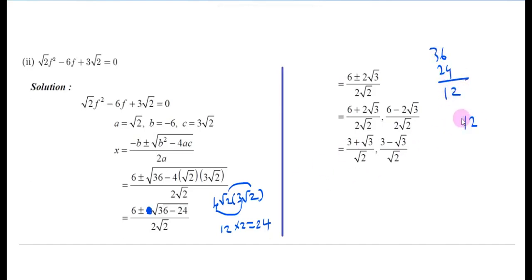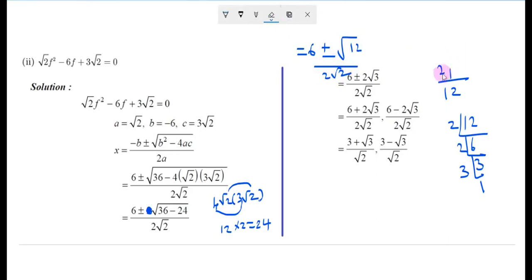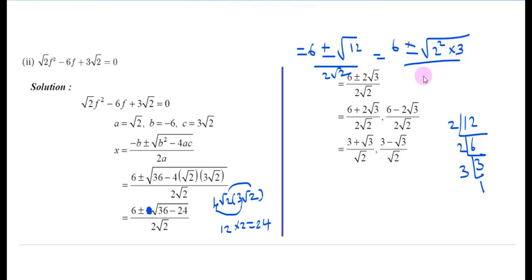So for 12 just take prime factors: 2, here 6 will come, again 2, 3 will come, again 3, 1. So it is a square root, you know. So inside the term, 6 plus or minus root 12 by 2 root 2, and the next step will be 6 plus or minus root 12, which means 2 square into 3, by 2 root 2.